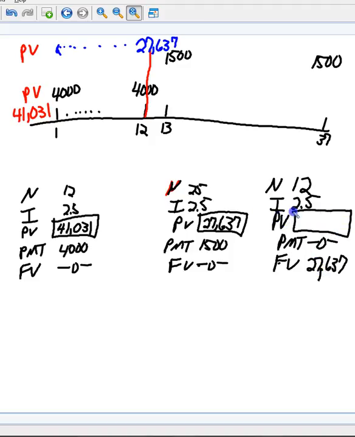So enter that into your calculator and solve for the present value, and you should get 20,555. Okay, so the present value of that is 20,555.